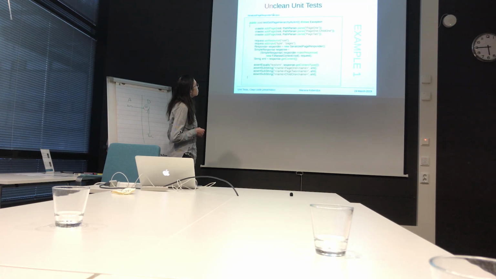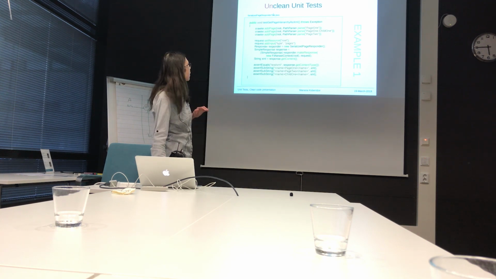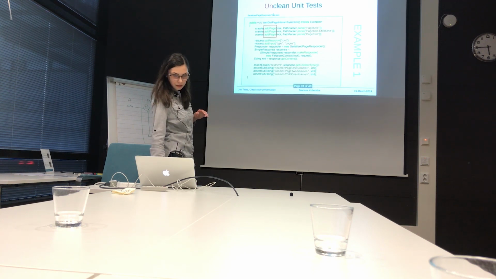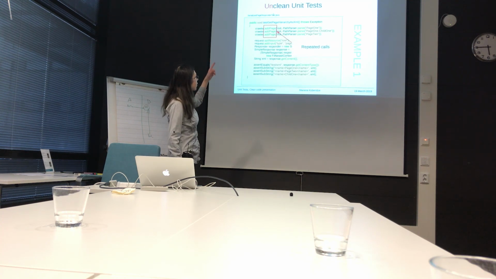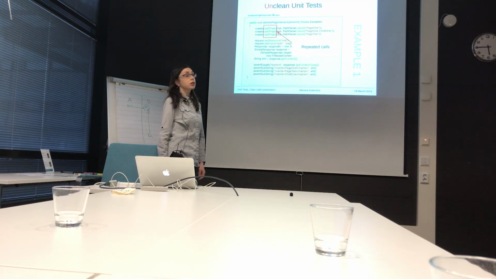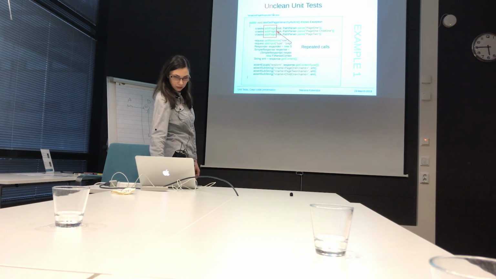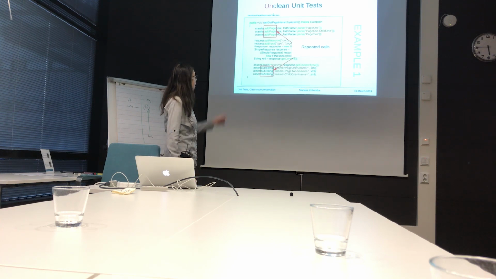If we look closely, let's check what is wrong with this code. This is a test. Can we immediately understand what is being tested? At least I cannot. So here we have three repeated calls. And here too.